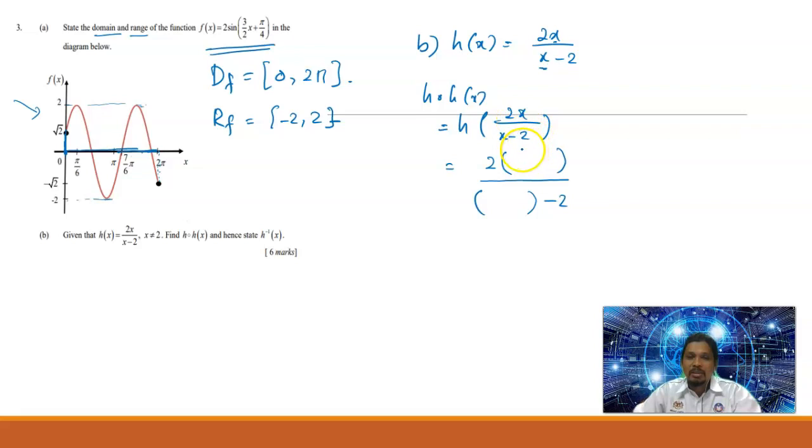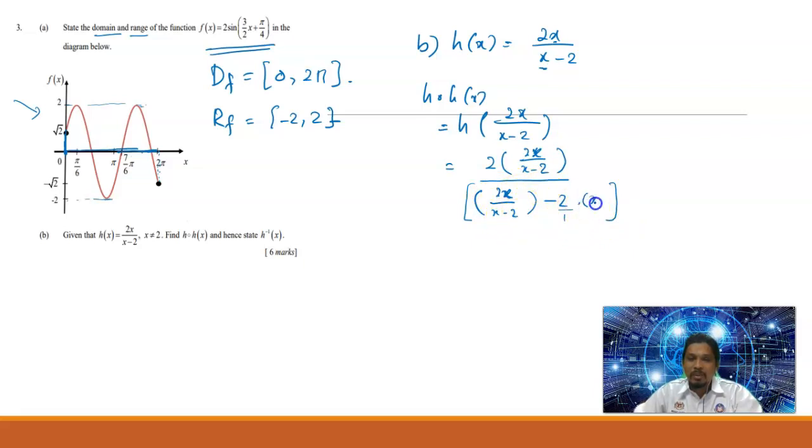And substitute here these two places with 2x divided by x minus 2. Okay. So now class, just imagine that if we simplify this, the denominator here is 2 divided by 1. So we're going to simplify this or equalize the denominator.